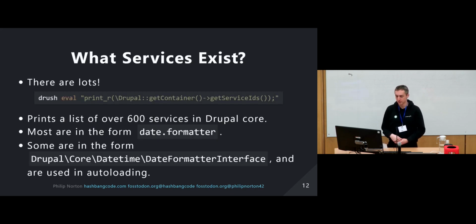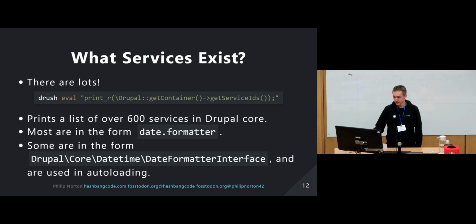So this drush command, Drupal get container get service IDs, gives you a big list of service IDs. There's about 600 just in Drupal core, and about 550 of those are in this form of date formatter. Date formatter being another service that you can use to format dates, hence the name.